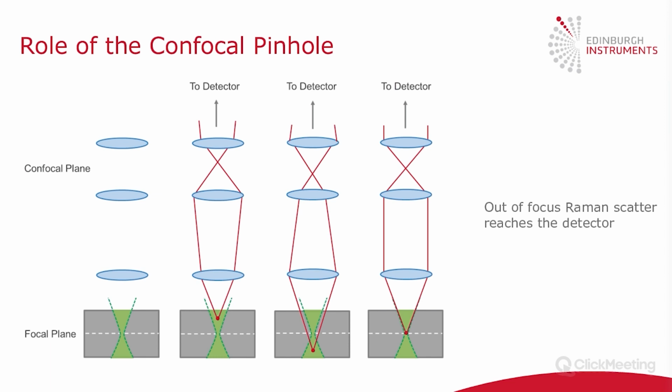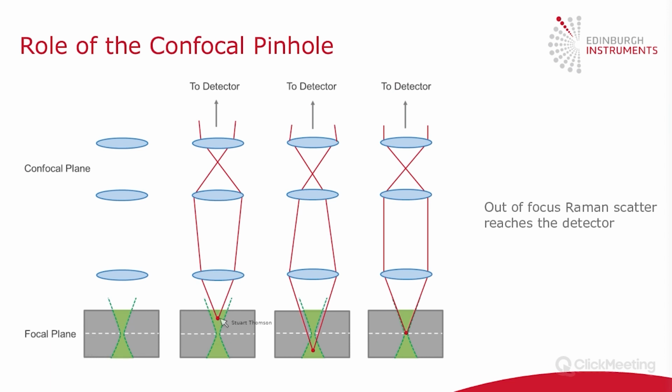To show this on a different picture, this is the same principle, but now looking at a 2D projection onto the sample. The green here shows this excitation volume that I was talking about, where this is our z-axis.